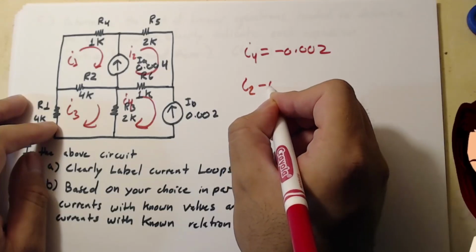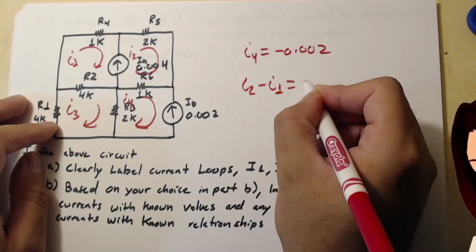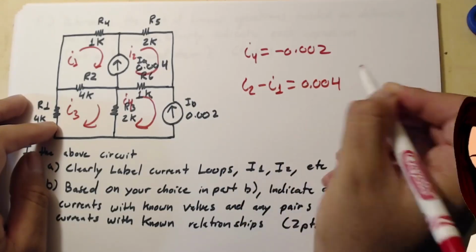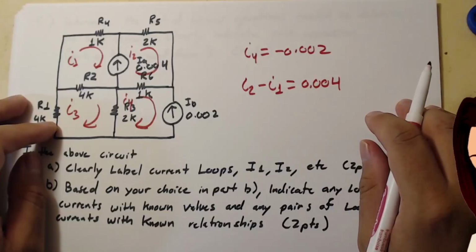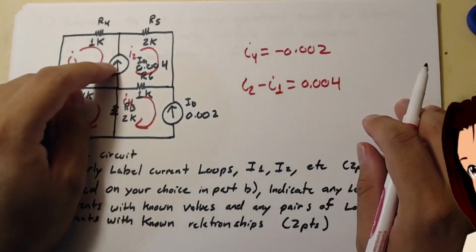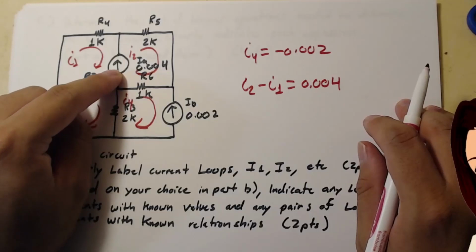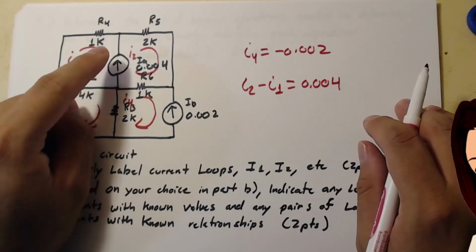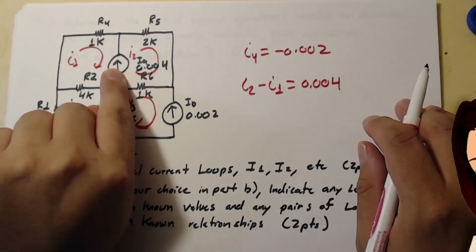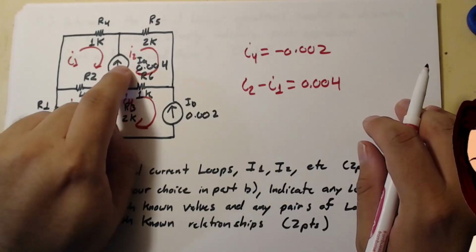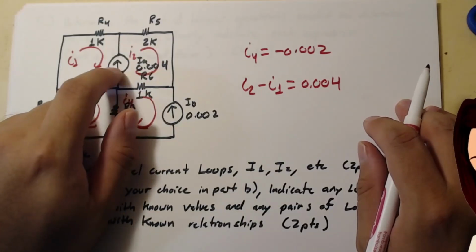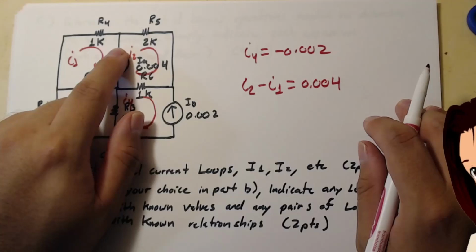I2 minus I1 is equal to 0.004. So why I2 minus I1? Here's why. This is going in reference with the guy going up, the current source. This guy is going in reference with the current source, so it doesn't have a minus sign.